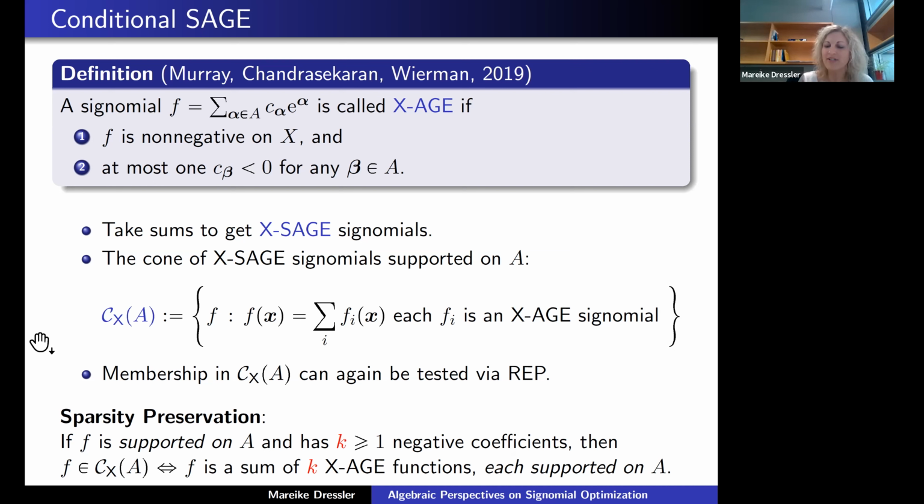So to say, we have a cancellation-free decomposition. And this is inherently different from, for instance, the usual approach via sums of squares in the polynomial case.